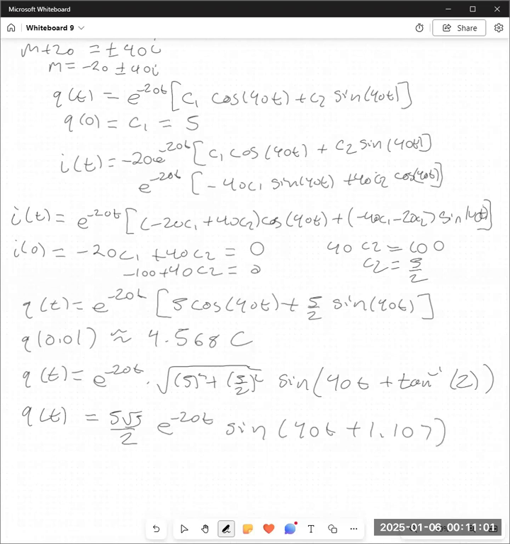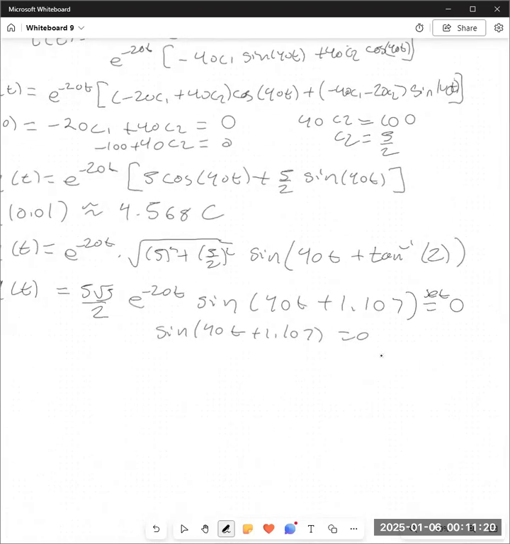We're going to set that equal to 0, and I'm going to find that the only part of this that could be equal to 0 is when sine of 40t plus 1.107 is equal to 0. So that happens when 40t plus 1.107 is equal to a multiple of pi, n pi.